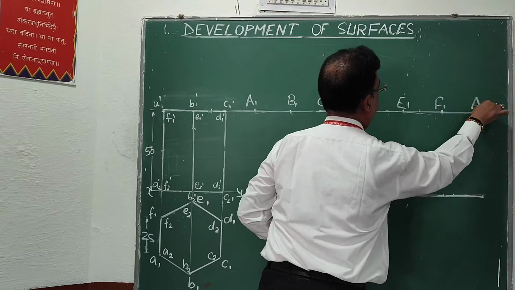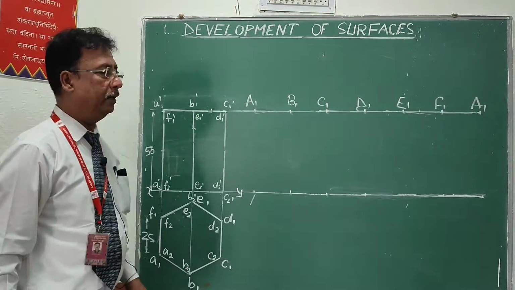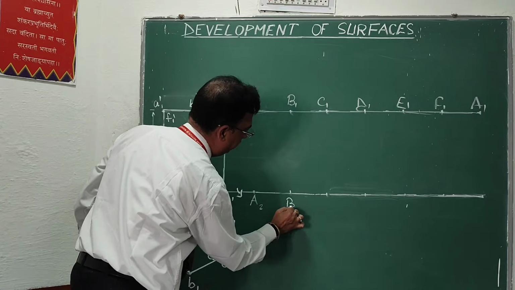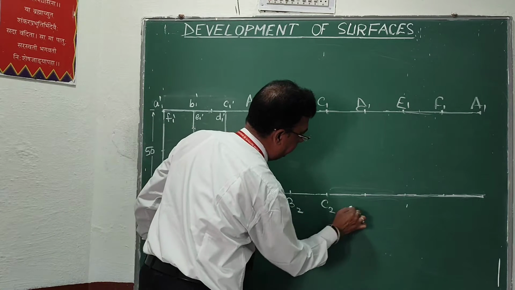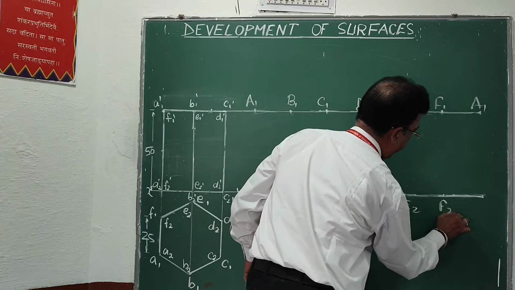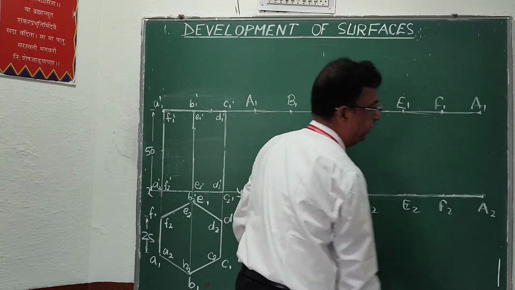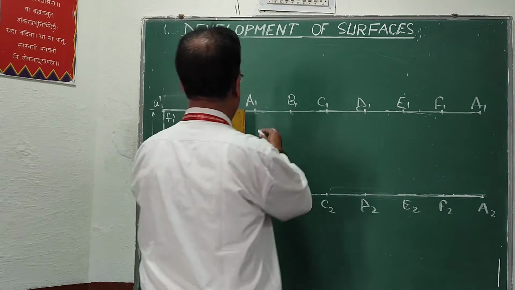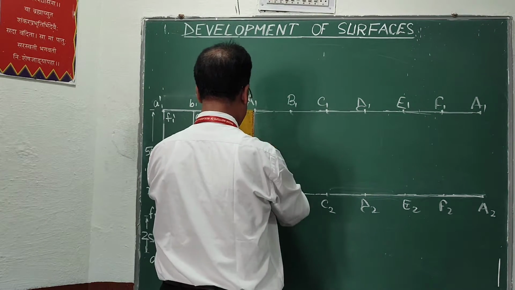As you know, in development the first point will repeat again, and the lower side points will be A2, B2, C2, D2, E2, F2 and finally A2. If I join all those points by straight lines, we will get the development of this.